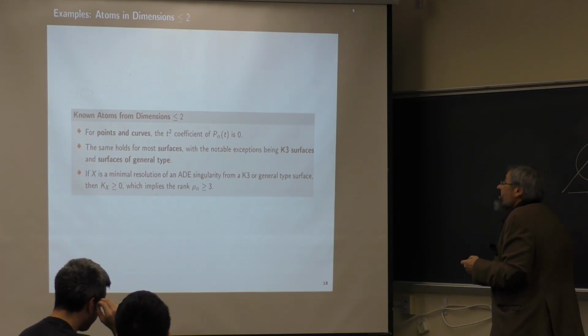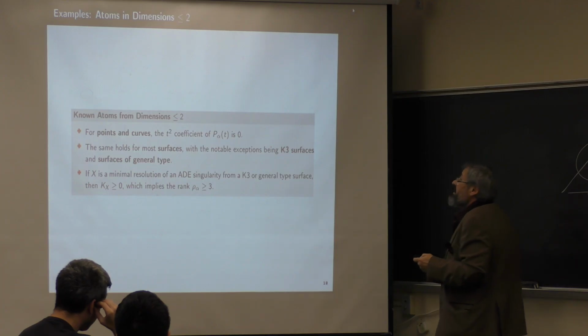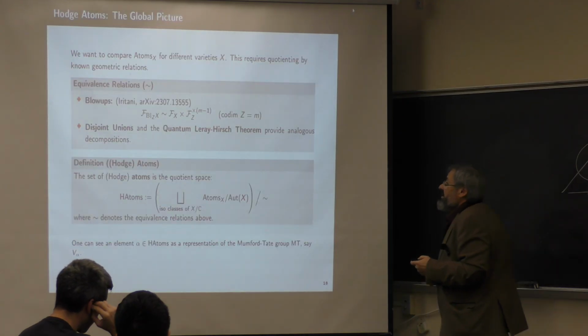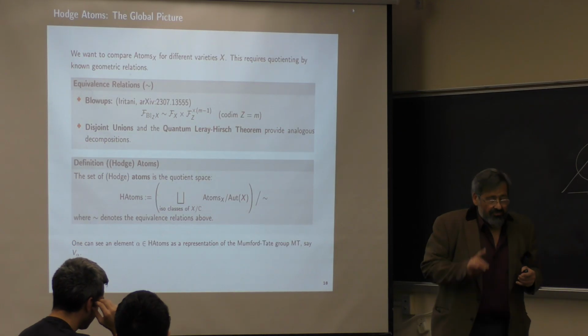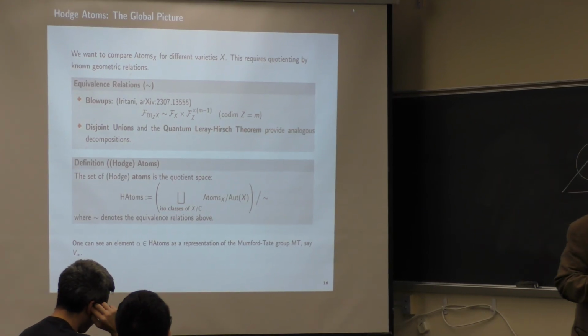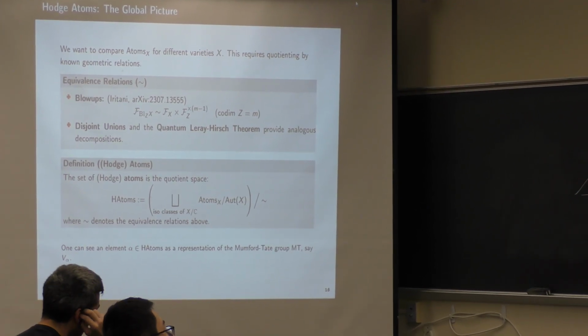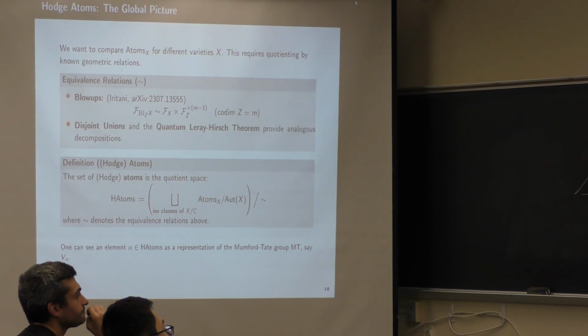So what's the condition of an atom that's not irrational? If this is a variety of dimension n, this atom should not be an atom of a subvariety of codimension n minus 2.